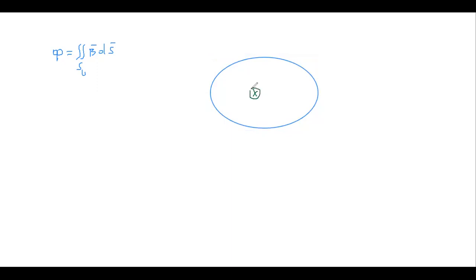So the circuit is in a magnetic field with induction B. And let's imagine that the modulus of magnetic induction is decreasing.